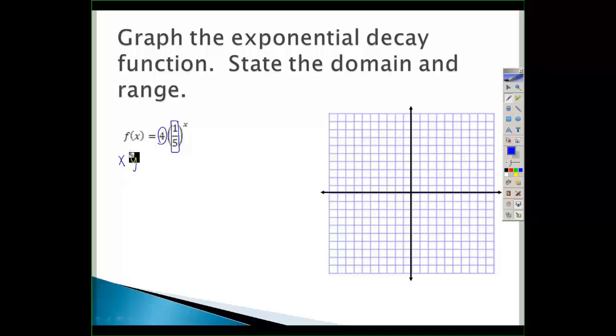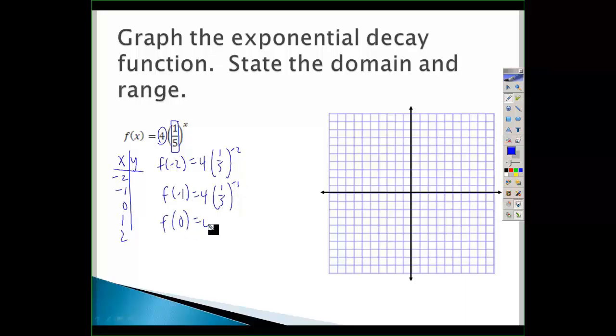For today, we're just doing t-charts. And I'm just going to plug these values in here. F of negative 2 equals 4 times 1/5 to the negative 2. And just do a little busy work here.